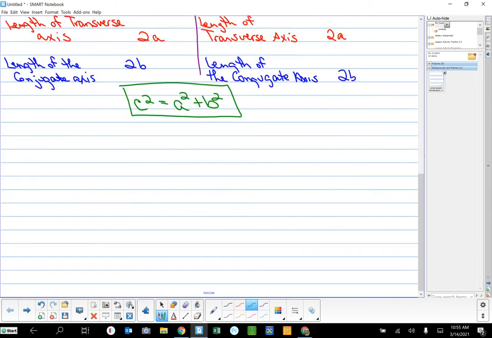And here's a couple things that you need to know. A is the distance from the center to a vertex.